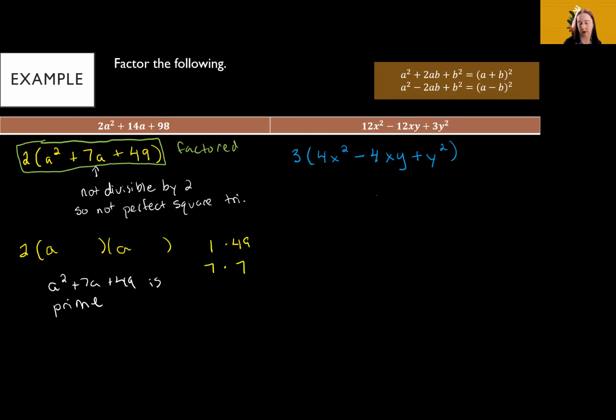The middle I can divide by 2 because there's a 4. And then you want to check, does that also take the first parts and multiply them together? So this 4x squared is 2x squared, and then that's y squared.